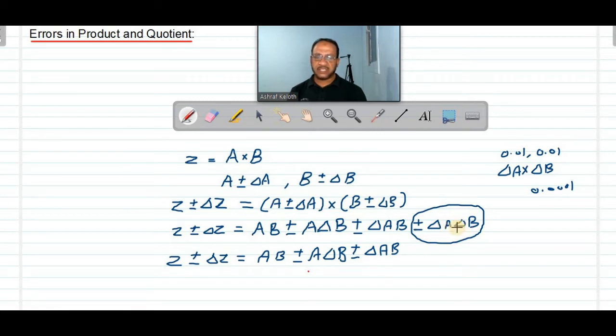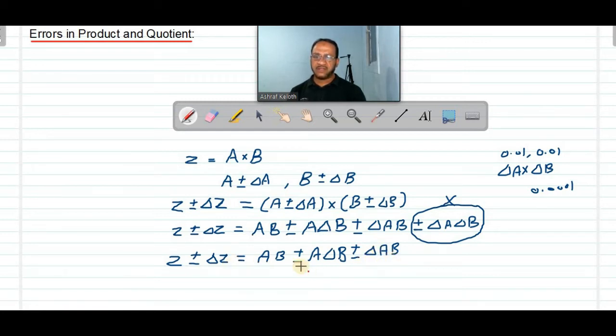If you neglect this part, it won't make much difference in the final calculation. Since error is normally a very small fraction, when two fractions are multiplied it becomes still smaller, so we neglected that. So the equation becomes Z plus or minus delta Z is equal to AB plus or minus A into delta B plus or minus delta A into B.